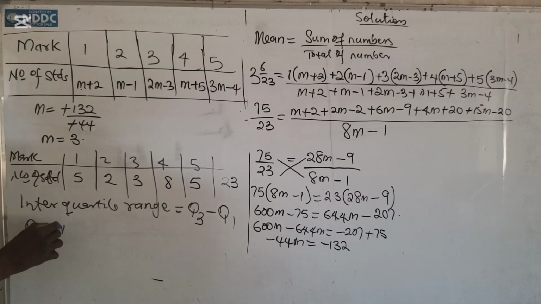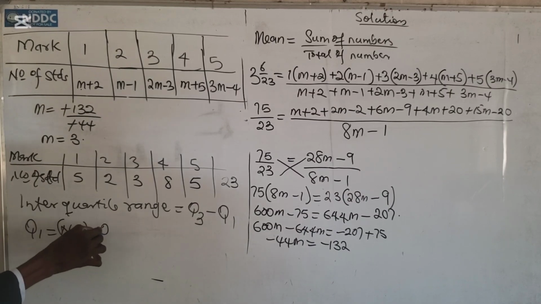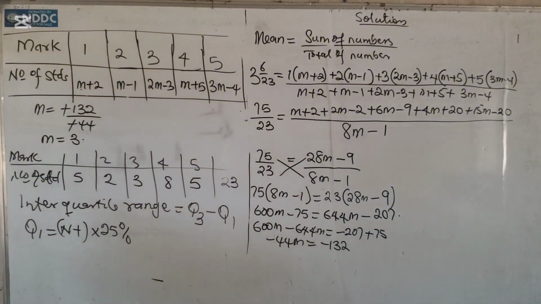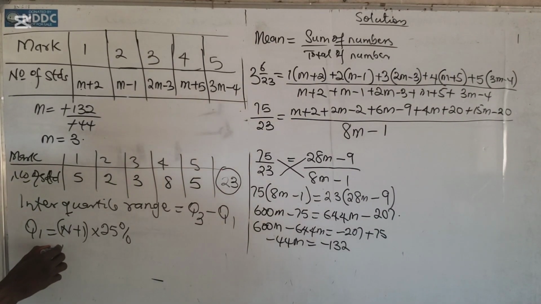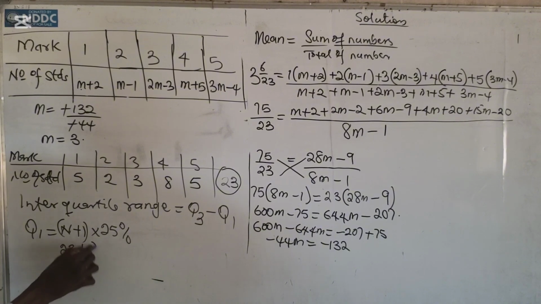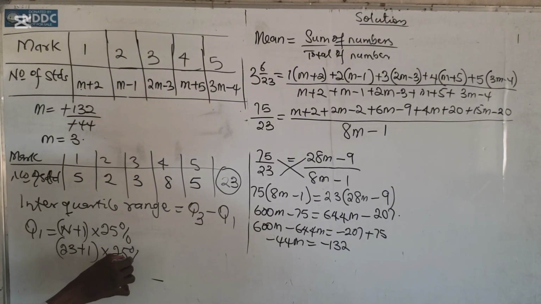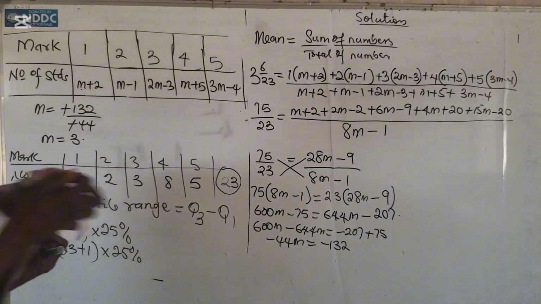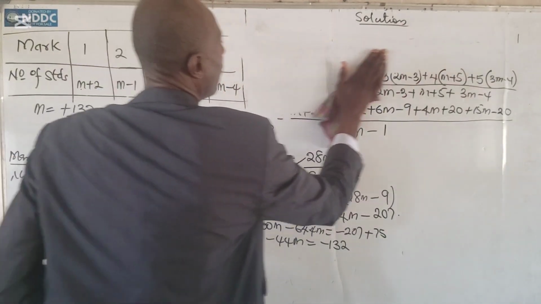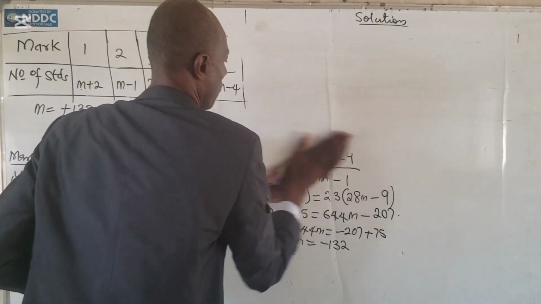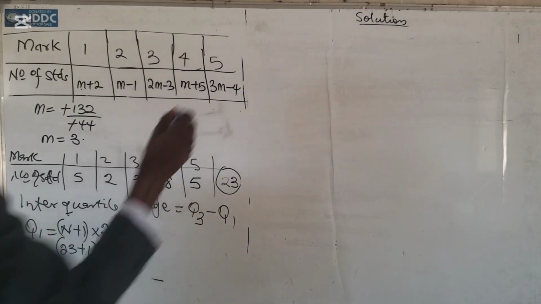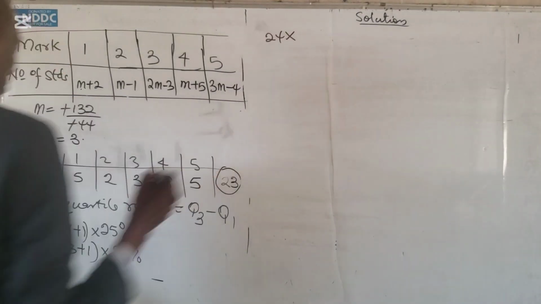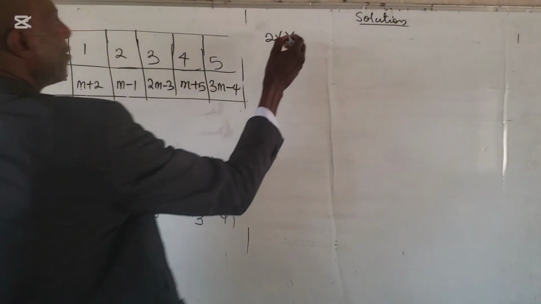Q1 is equal to n plus 1 times 25%, and n is 23, so 23 plus 1 times 25%. 23 plus 1 is 24, and 25% is 0.25.